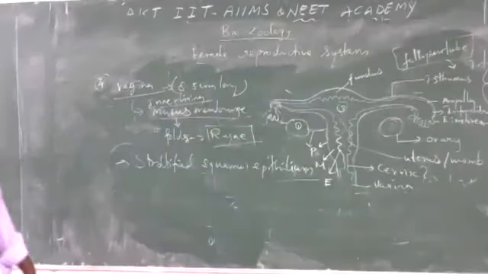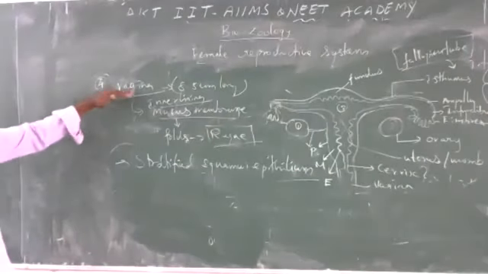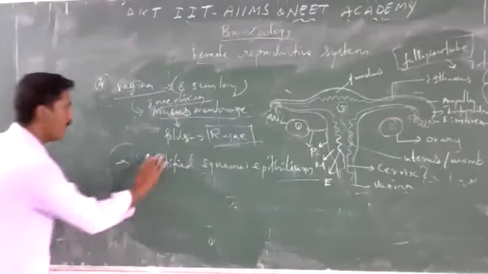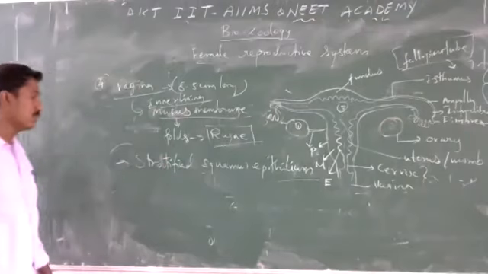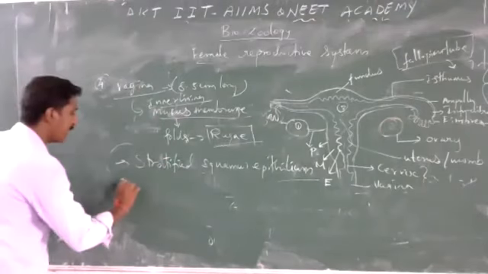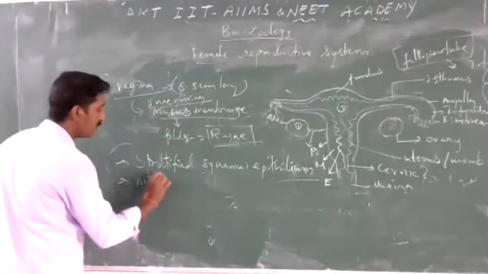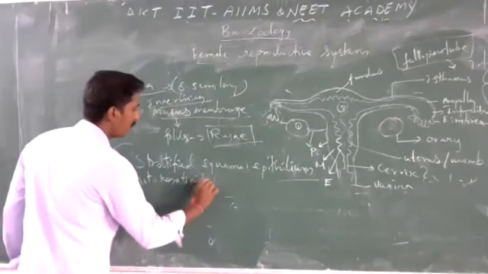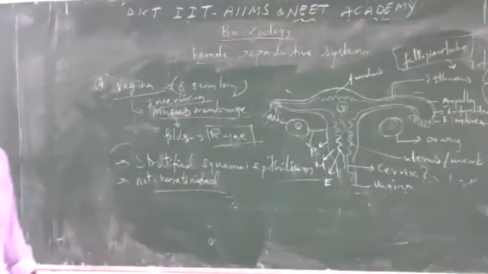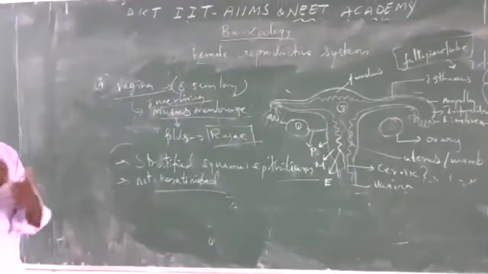This inner lining of the vagina is made up of stratified squamous epithelial cells. And the most important thing is that it's not keratinized. We know that keratinization happens in the epidermis layer of our skin.